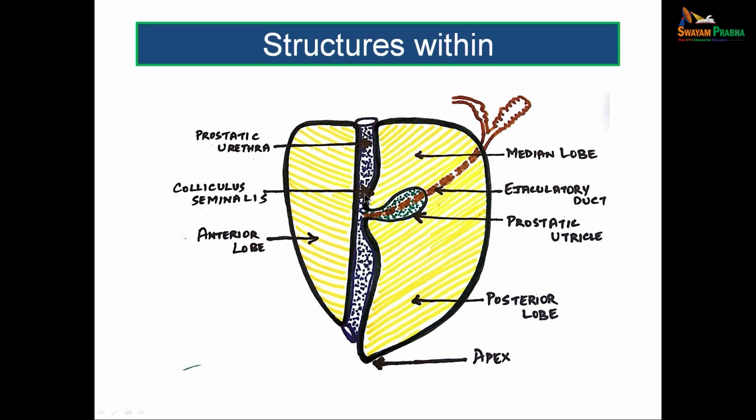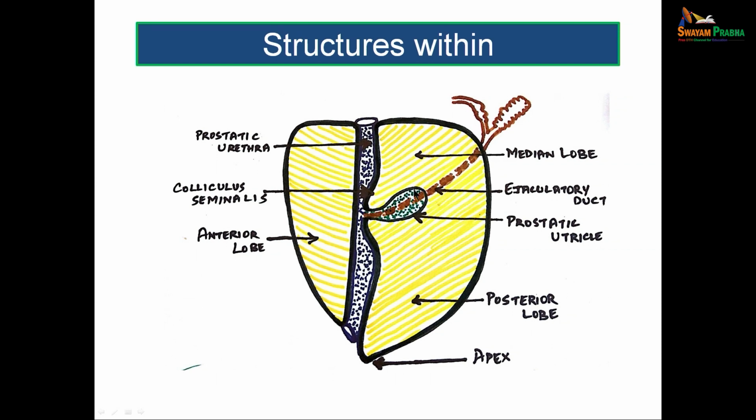The presence of this prostatic utricle is used as a landmark to demarcate the median lobe. So, you find the median lobe present above the prostatic utricle, which is in the midline. On either side, the prostatic utricle is related to the ejaculatory ducts.